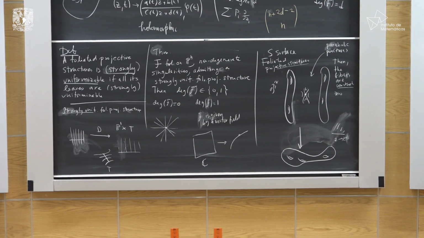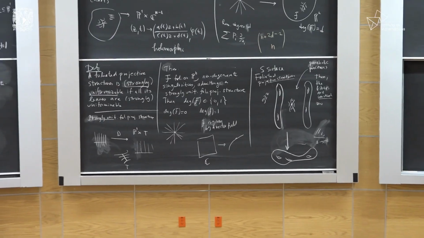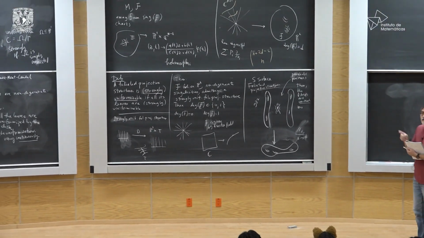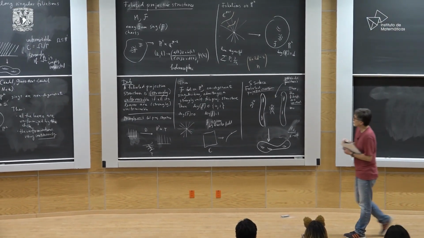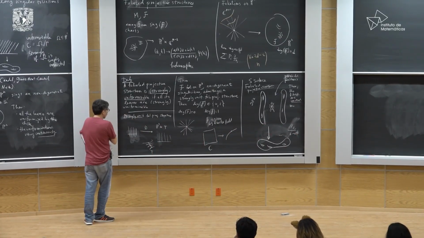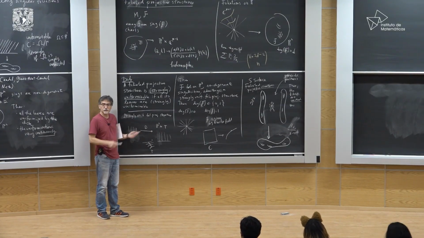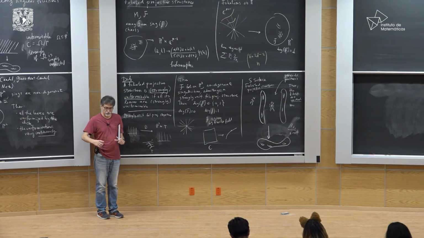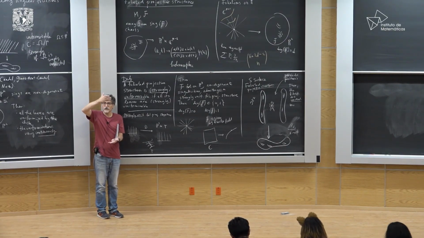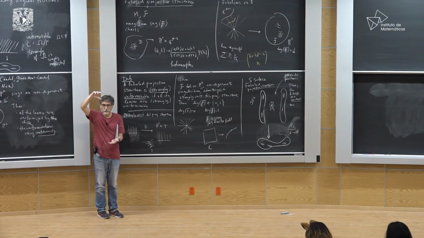Okay. So questions so far? What I said is, I didn't tell you what this developing map is, but when you have a projective structure in a curve, and you take its universal covering, you inherit a projective structure on the covering.